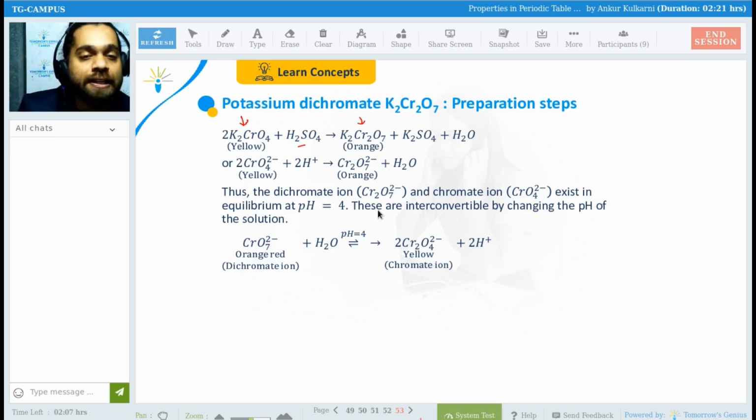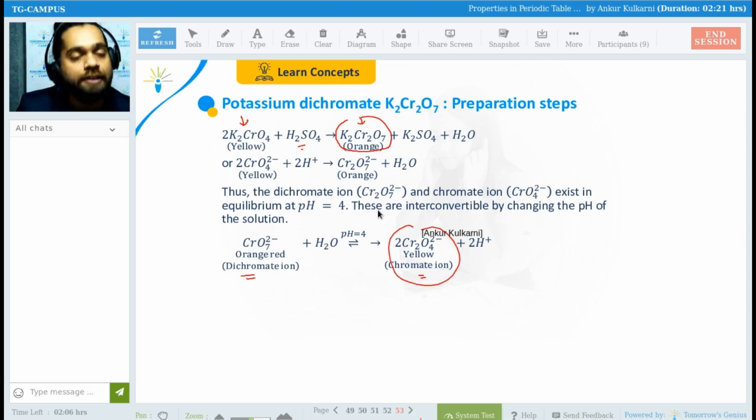So remember this. Dichromate is orange, chromate is yellow. Is it clear? Below pH 4, in the acidic medium, we have an orange color. In the acidic medium, we get the dichromate.